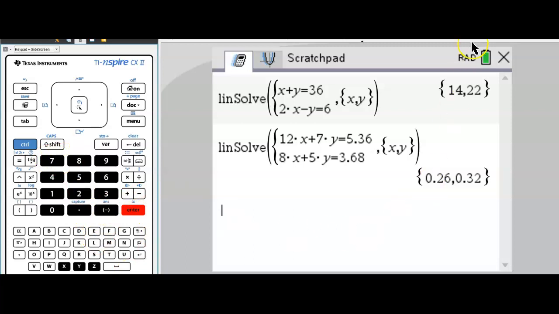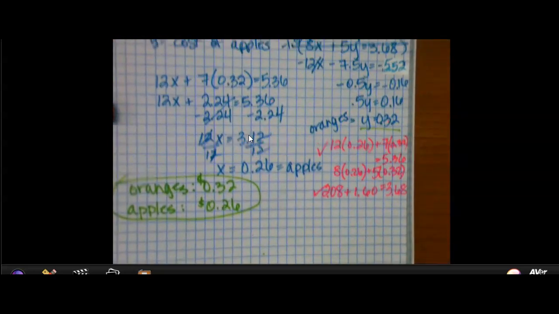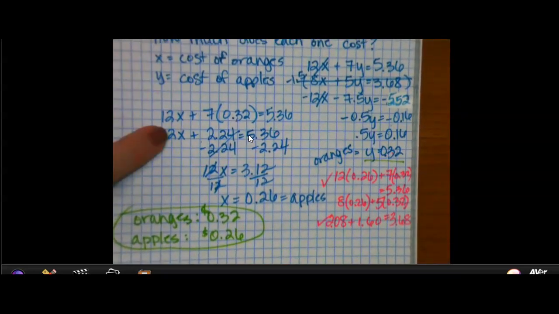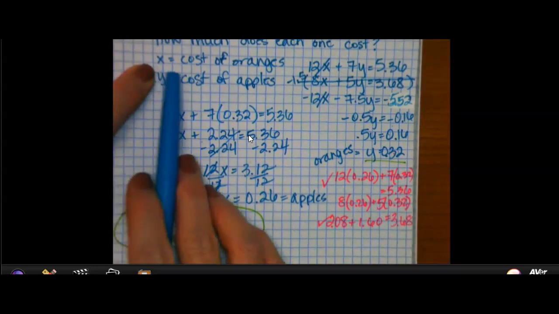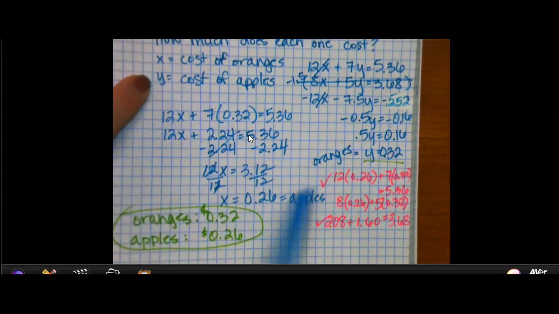Now this brings up an interesting issue from my notes because I had to do a double take because I had those words reversed. But the problem for that was that I was not paying enough attention when I wrote them down. Because remember, I defined my variables right here. X was the cost of oranges. I solved for y. Y is the cost of apples.